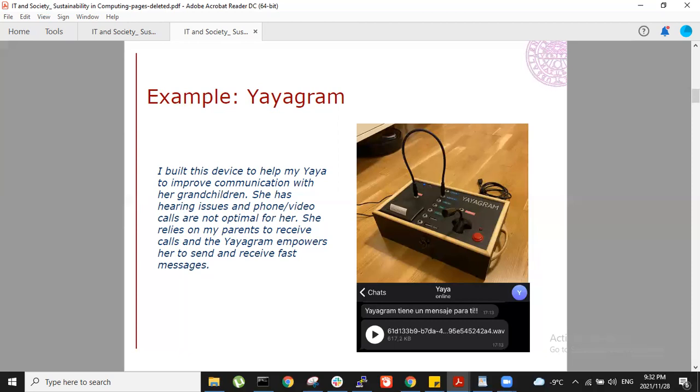Then release the record button when you are finished. Yayagram then automatically sends your voice message to your chosen recipient. Grandchildren get a message on their smartphone letting them know that they have a Yayagram from their favorite grandparent.